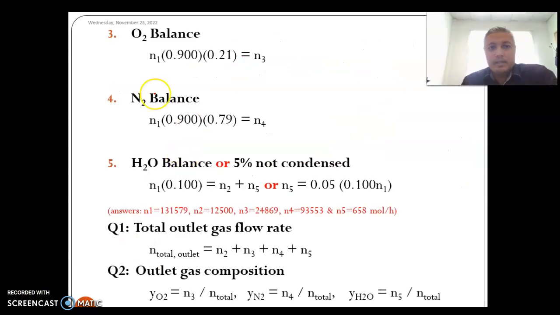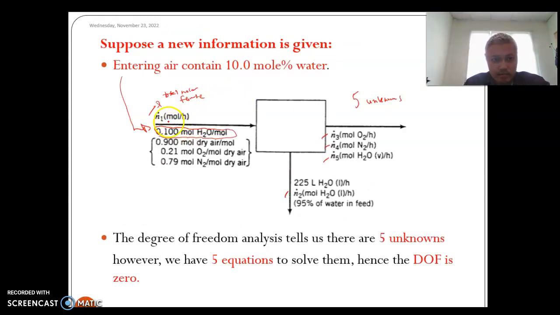Next, our third independent equation is we can do an O2 balance. If you go back to the slide, we have the total molar flow rate for the inlet, and then we have 0.9 mole dry air. So we know that dry air is 0.9 times N1, and for N2 we need to times with 0.79, for O2 we need to times with 0.21, and then the outlet for O2 is N3, the outlet for N2 is N4, but we need to do it independently.